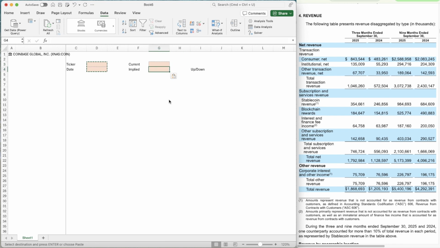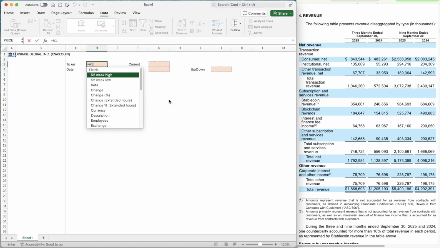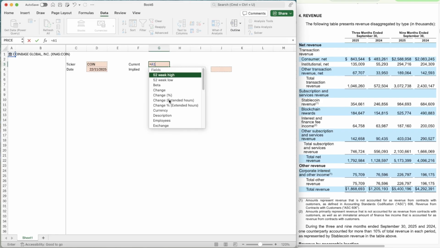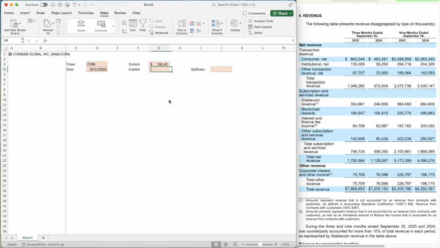For the ticker, just go equals A1 dot, open your parentheses, ticker symbol. COIN. The date today is the 22nd of the 11th, 2025. For current price, we go equals A1 dot, open parentheses again, price. And these two we can leave because we don't know them yet. It's whatever the model tells us, basically.